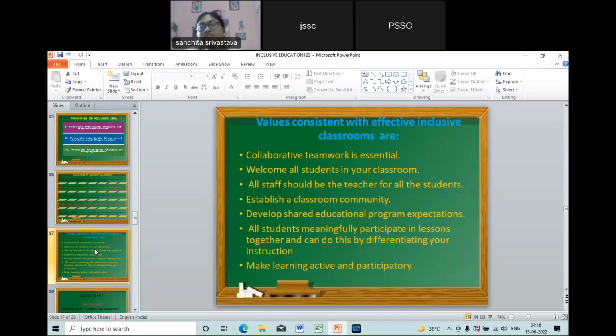Okay, now see, if we are dealing with an inclusive classroom, every staff member in the school should know these children with special needs, and they should help them when they are needed. Some schools, infrastructure-wise, have built ramps and such so that children in wheelchairs can also come in.